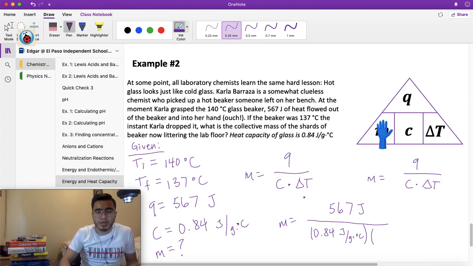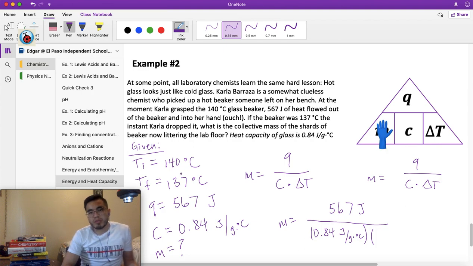That is, we need to get delta T. This one's very simple. Delta T is final minus initial, right? So it would be 137 minus 40. You would get -3, but we're going to use the absolute value, which is just 3, okay? Because we cannot have a negative mass. So we're going to use 3.